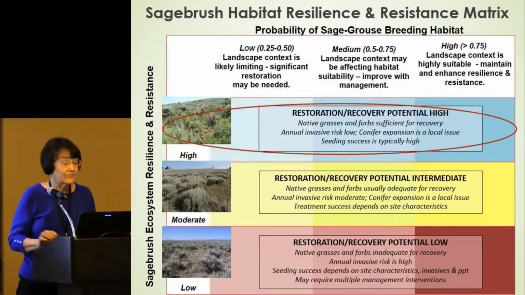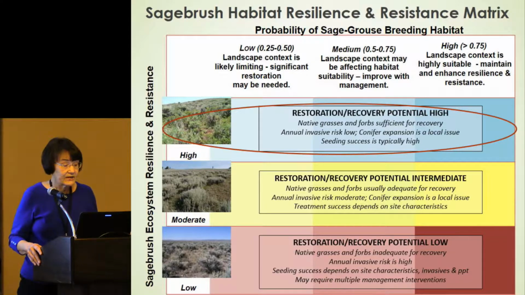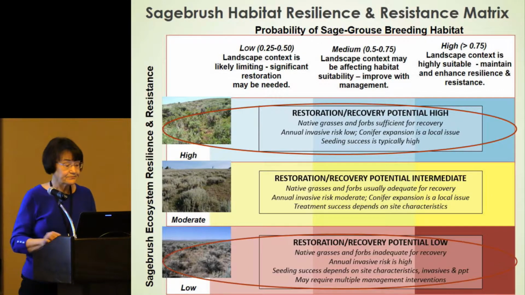If we look first at those high resilience and resistance areas illustrated here by our mountain big sagebrush, mountain brush communities, we see that these have high restoration or recovery potential. Native grasses and forbs are typically sufficient for recovery, the risk of invasives is low, and seeding or restoration success in these areas is typically high.